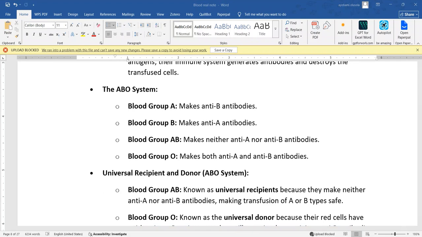Please note that we use the ABO system for blood group. I am O positive, I am AB, I am A, I am B. That's blood group.